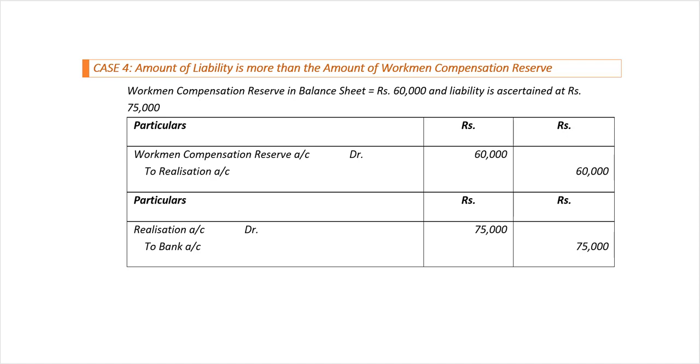So to the extent of the reserve, we will transfer to the credit side of the realization account by passing the entry Workmen Compensation Reserve account debit rupees 60,000 to realization account rupees 60,000, and the claim needs to be paid off. Journal entry for the same: realization account debit rupees 75,000 to bank account rupees 75,000.